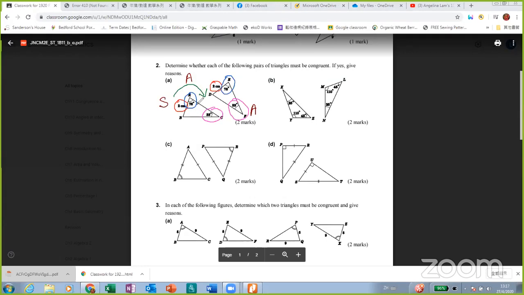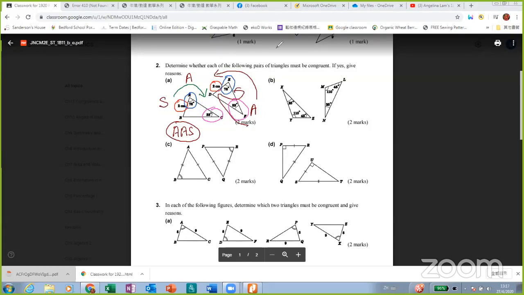But usually we don't call it SAA. Usually we call it AAS. It means either direction is okay, but you have to follow one direction. You cannot jump like that.